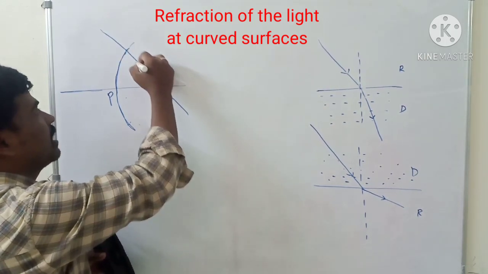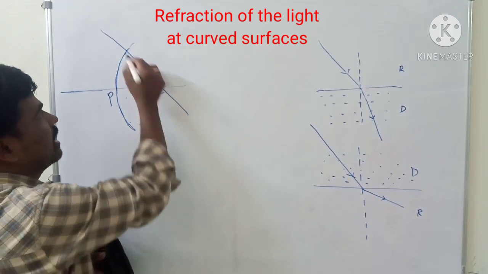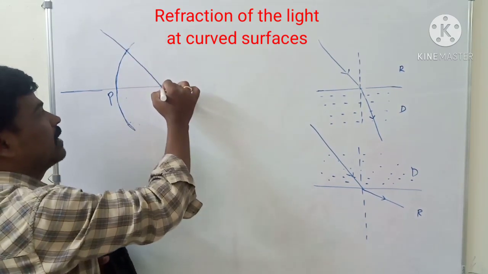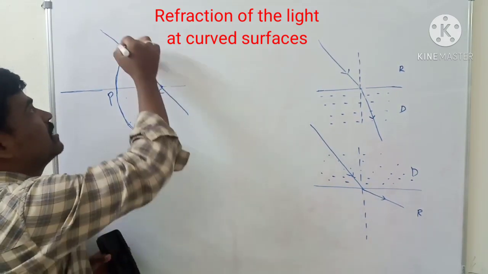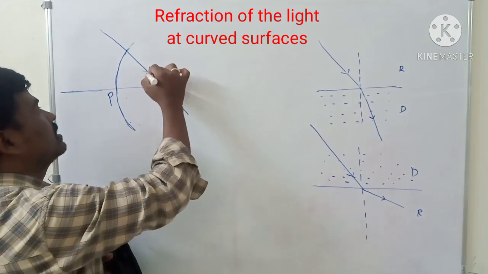It is going along the normal, because the line which connects at C is called the normal at this point. So it is coming through the normal. By Snell's law, a ray coming along the normal doesn't deviate, it goes straight.